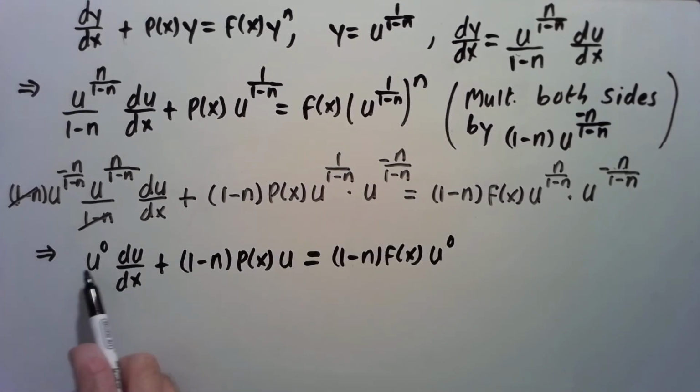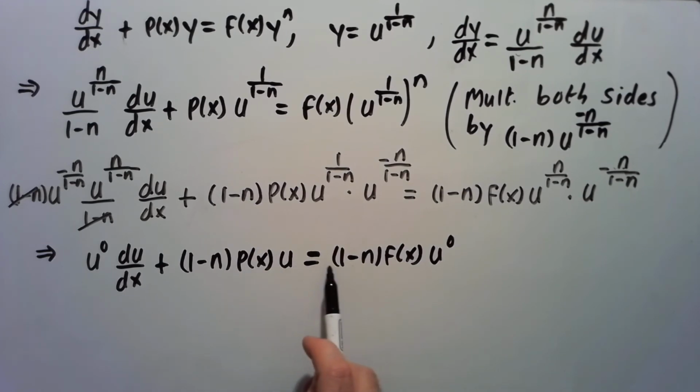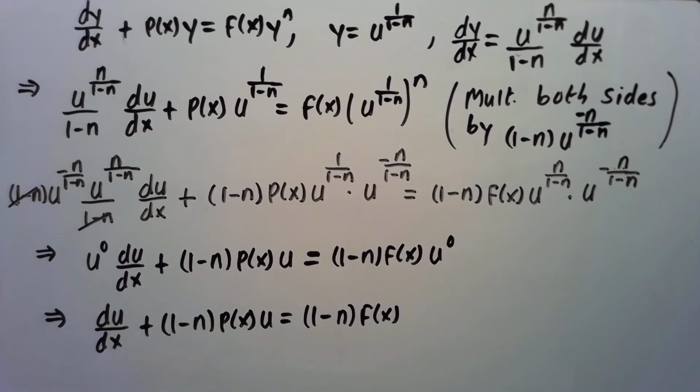Simplifying then, we have u to the 0 du/dx plus (1 minus n) p(x) times u equals (1 minus n) f(x) u to the 0. U to the 0 is 1, so let me write one more step here. So we get this, and then we just need to realize that this is a linear first order differential equation in u.